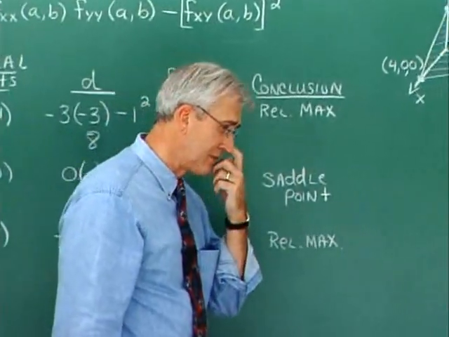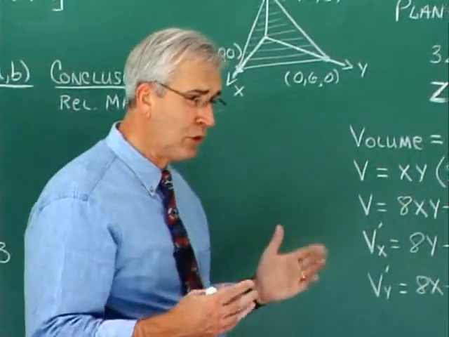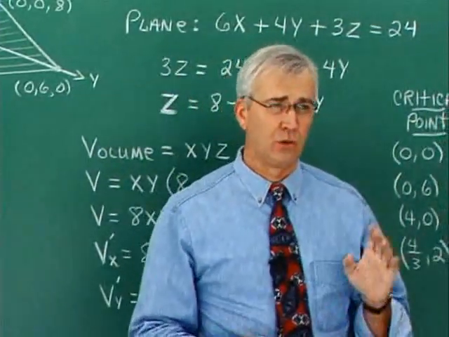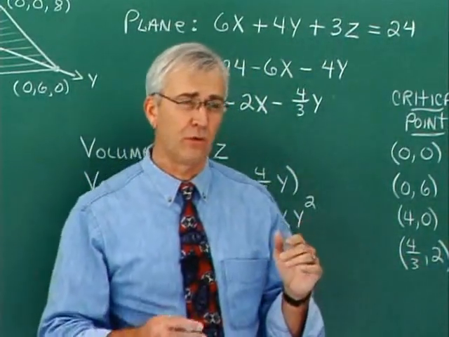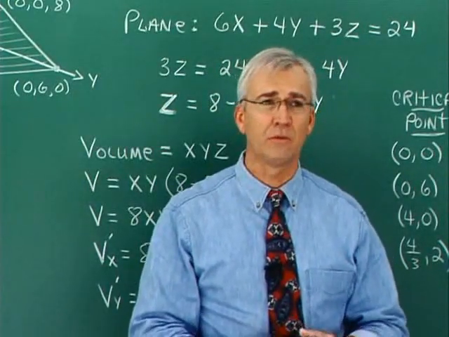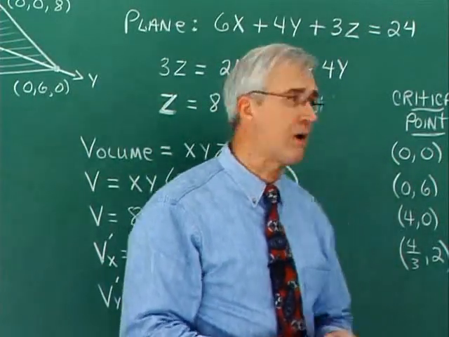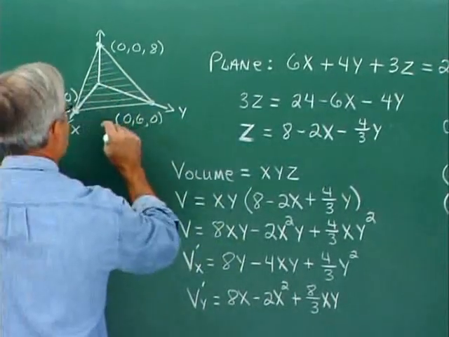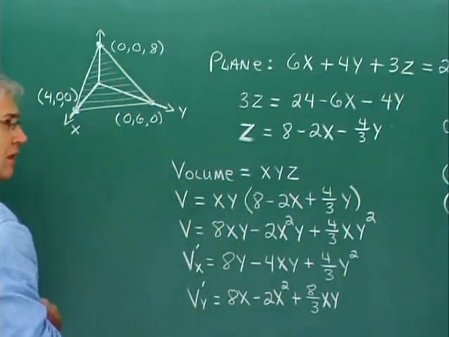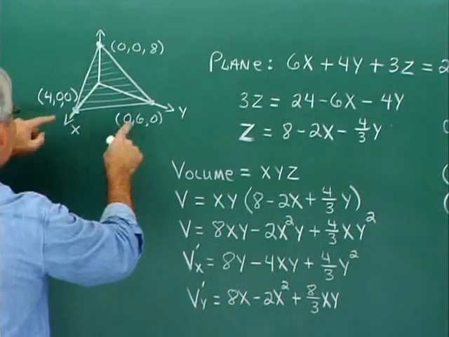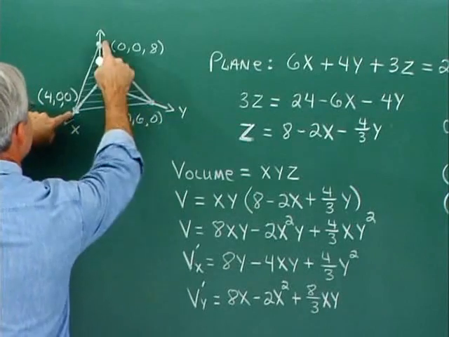Here's a situation where we can use this idea of derivatives, partial derivatives, and second partial derivatives. We don't have to. We can evaluate another way, but let me set the problem up this way. We have a plane that is intersecting our coordinate system, and the intersection points at the axes are here, here, and here.